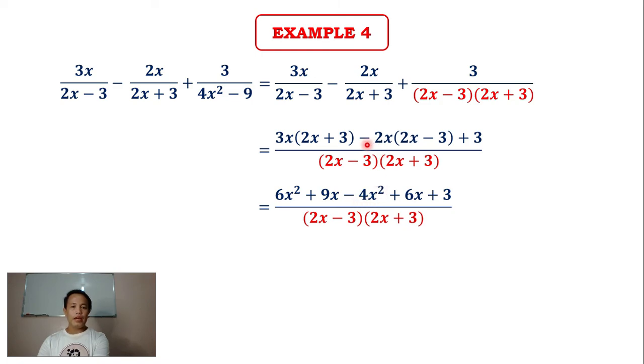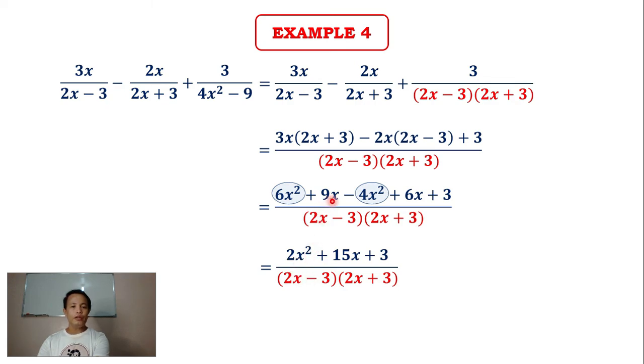Then multiply negative 2x times negative 3 will give us positive 6x, and we copy positive 3. Then afterwards, we combine like terms. We have here 6x squared and negative 4x squared. The same variable, the same exponent, so they are like terms. We can combine this one. 6x squared minus 4x squared will give us 2x squared.